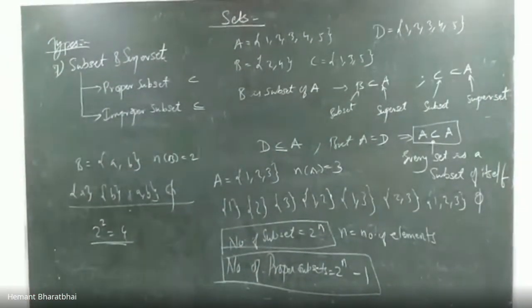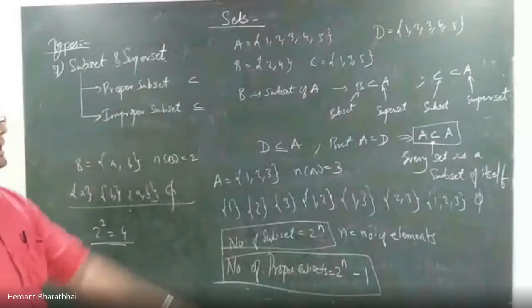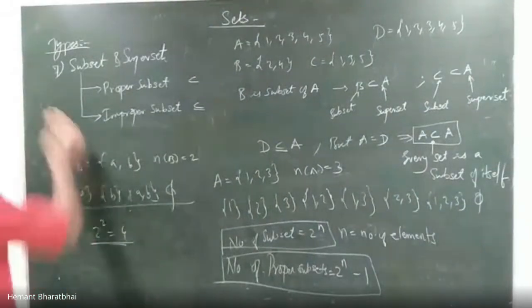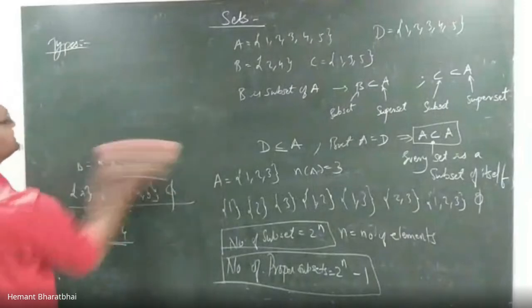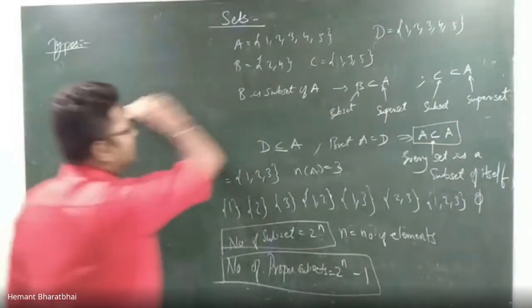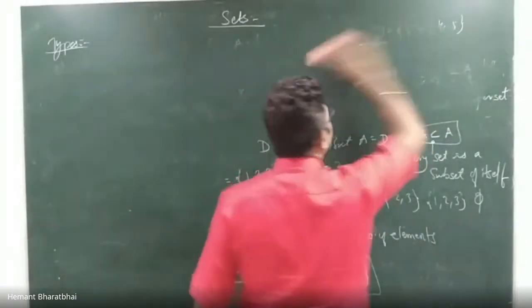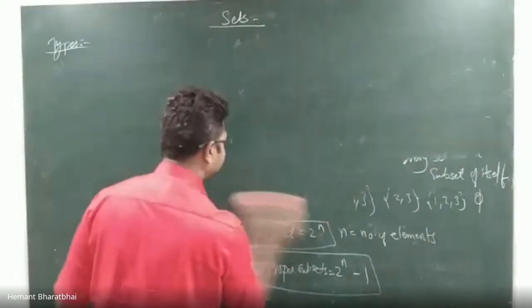So now we know what is a proper subset. We also know what is an improper subset. And we also know the formula now to calculate the number of subsets. Now let's move ahead and see the next type of set.